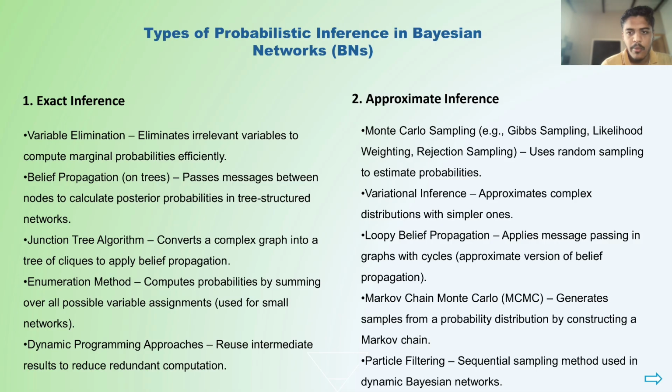Then types of probabilistic inference in Bayesian networks. First one, exact inference. Variable elimination eliminates irrelevant variables to compute a marginal probability efficiently.